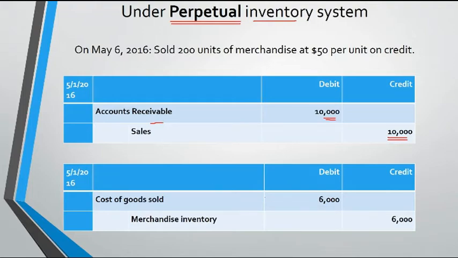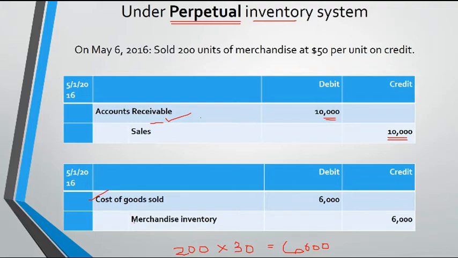So, saan mo nakuha si 6,000? 6,000 ay 200 units times yung bili mo na $30, it is equal to $6,000. So, once again, perpetual, kasabay ng pag-record ng transaction, si cost of goods sold.